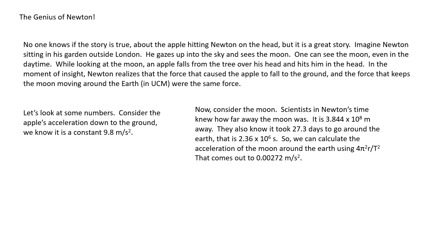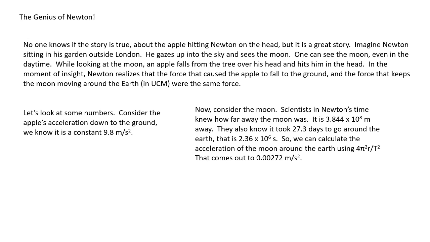That corresponds to about 2.36 times 10 to the 6 seconds. Here I converted distances and times into the normal meters and seconds. So we can calculate the acceleration of the moon around the Earth using the expression 4 pi squared r over t squared. We talked about that earlier. If you put the numbers in, that comes out to 0.00272 meters per second squared.